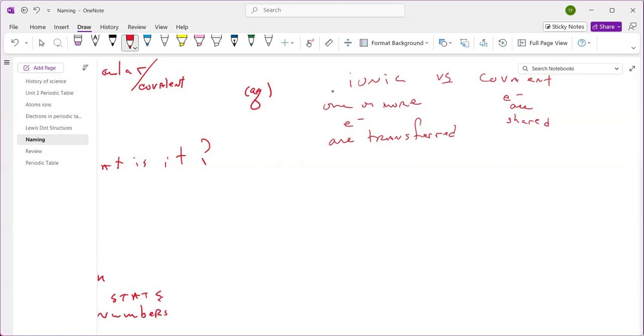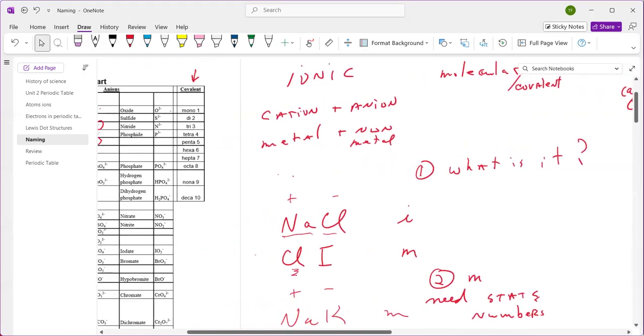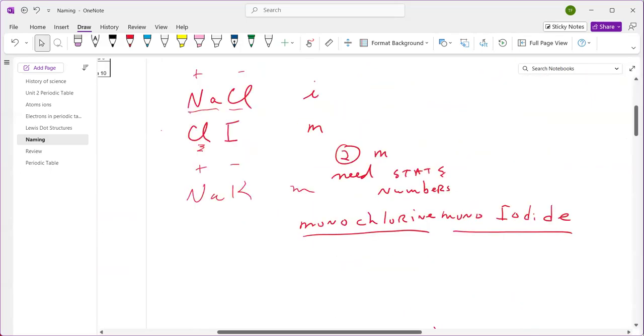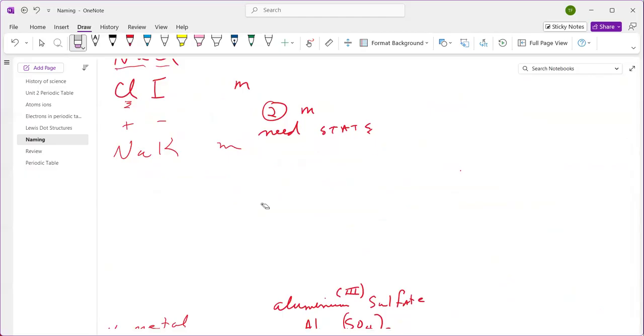Beta radiation is bad. Okay. All right, so let's go over the covalent naming system first. Now, both these conventions have two parts.